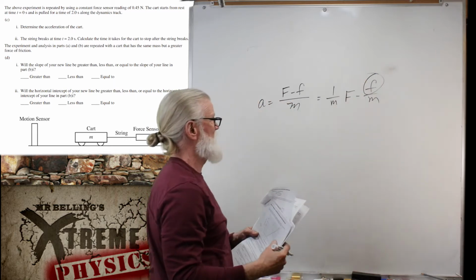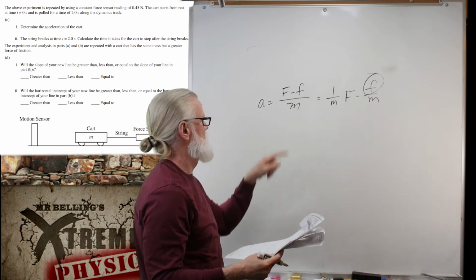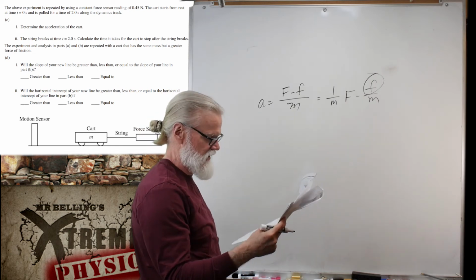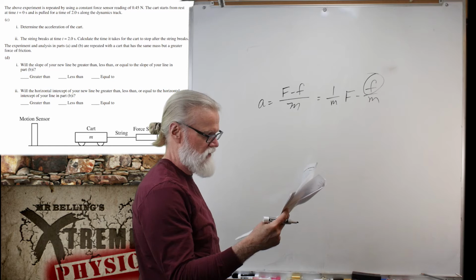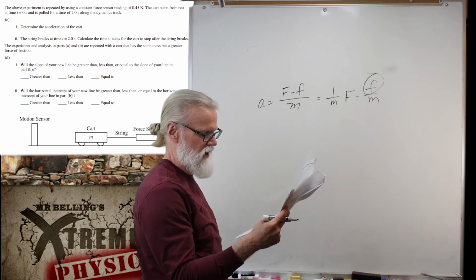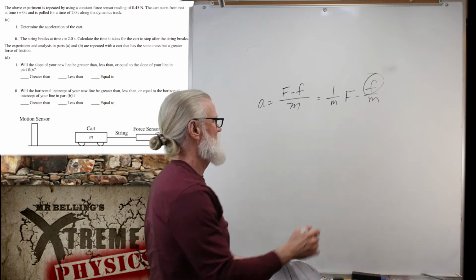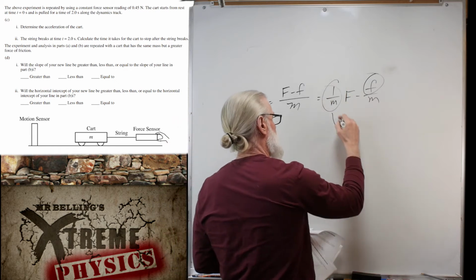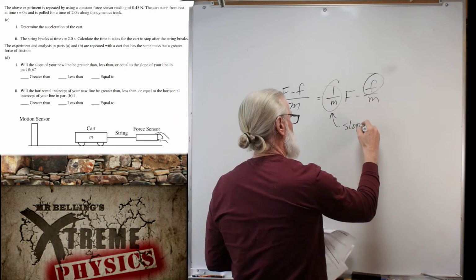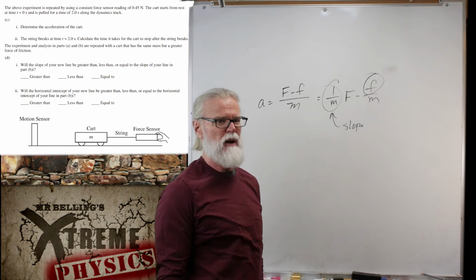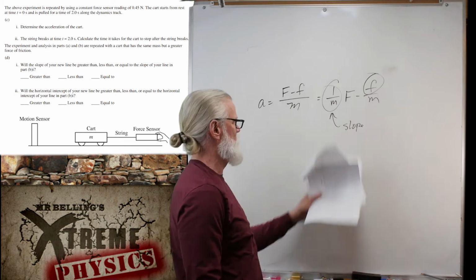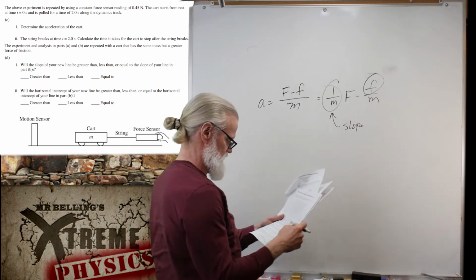We're going to make that bigger. We're going to get less acceleration, but will the slope of your new line be greater than, less than, or equal? Did the mass change? Nope, I don't think so. So therefore, slope is the same.